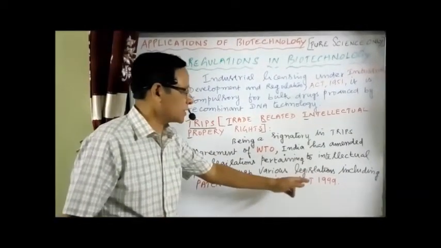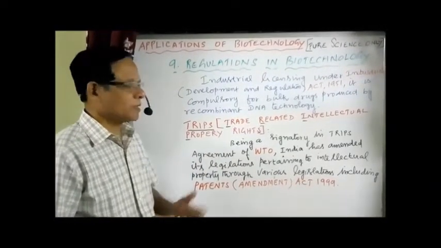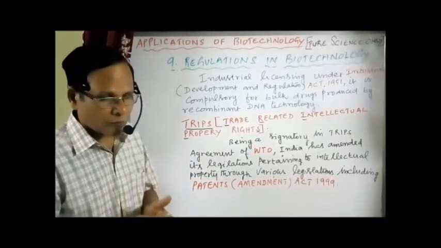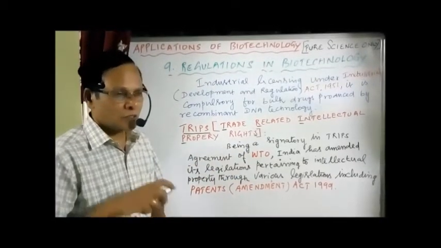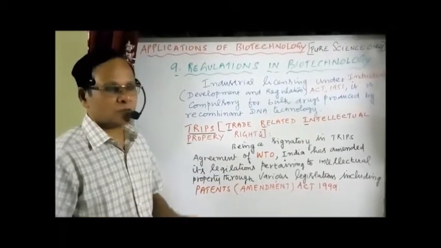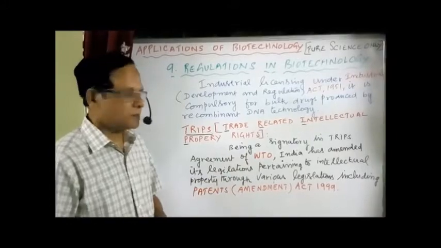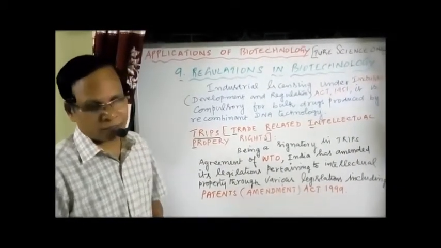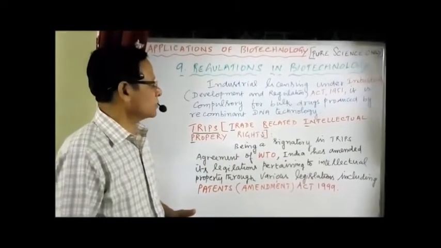That act is called the Act 1999. That is TRIPS, Trade Related Intellectual Property Rights. That is the expansion of the acronym. Okay, now this is all we have completed.